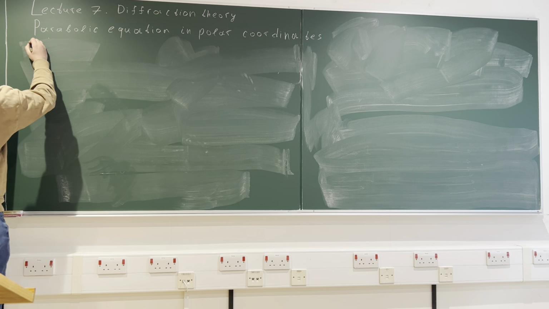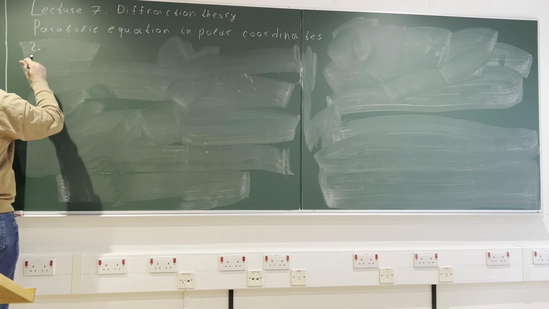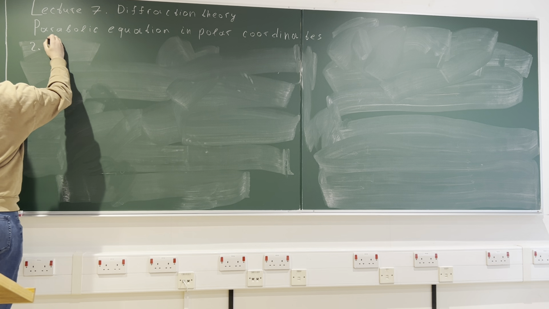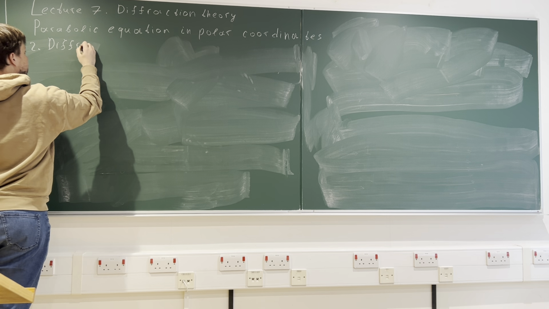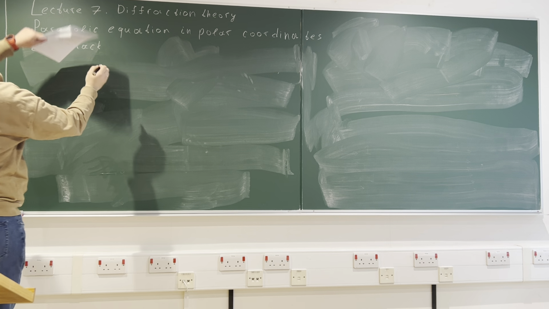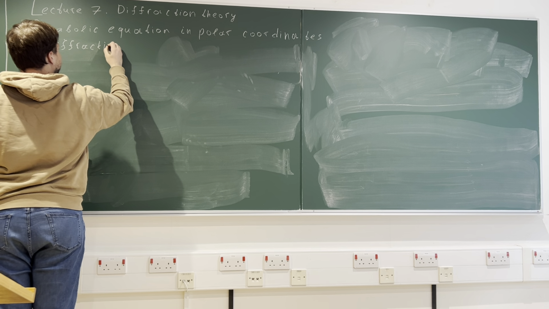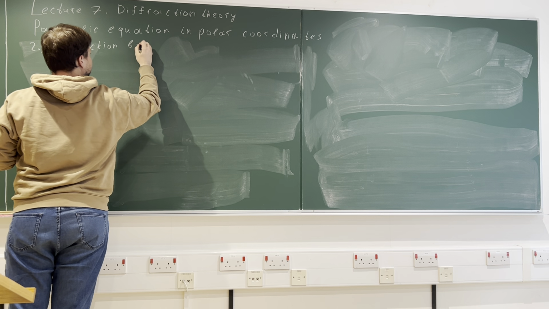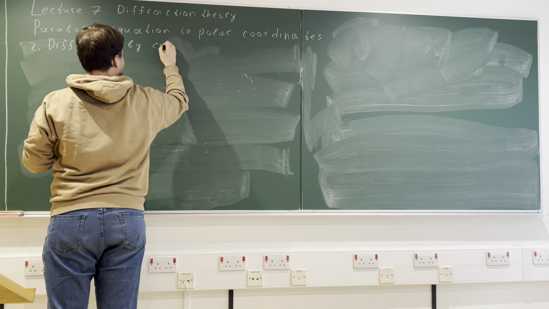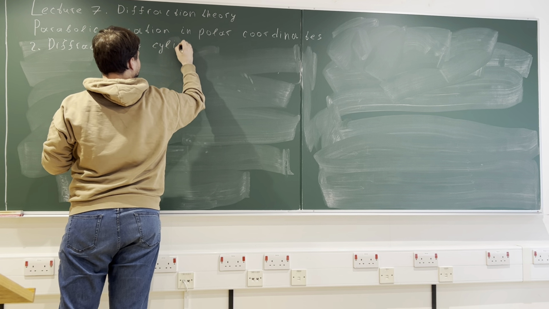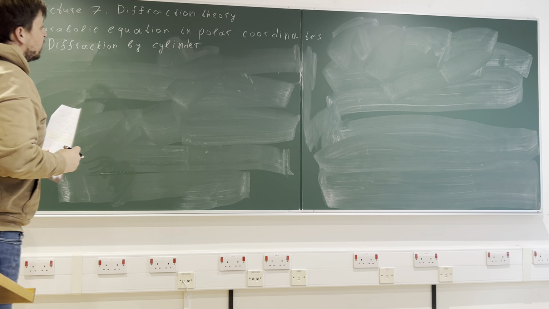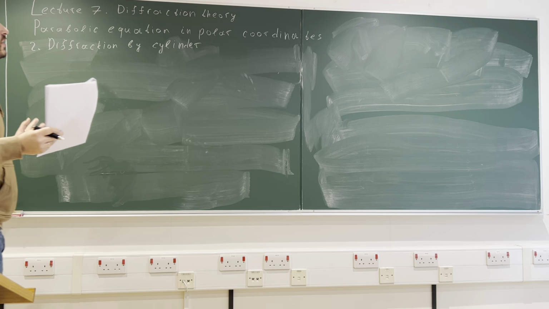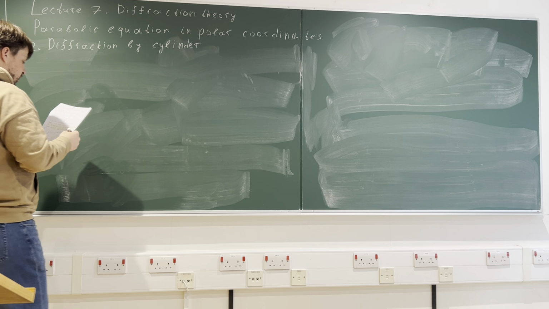So, point 2 of our lecture is diffraction by a cylinder. Of course, we have some paraxial wave propagation.